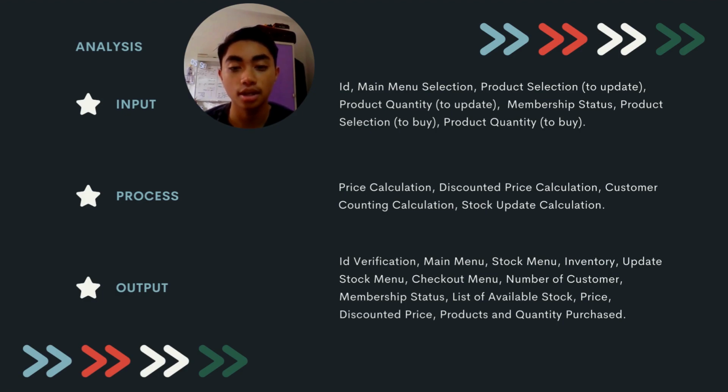For the output, we have ID verification, main menu, stock menu, inventory, update stock menu, checkout menu, number of customer, membership status, list of available stock, price, discounted price, products, and quantity purchased.